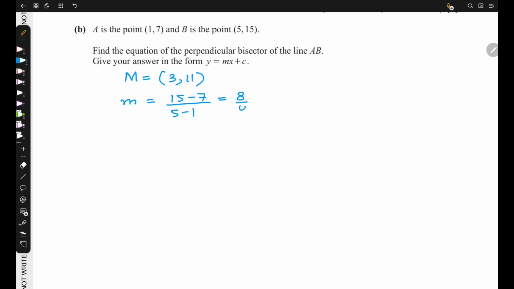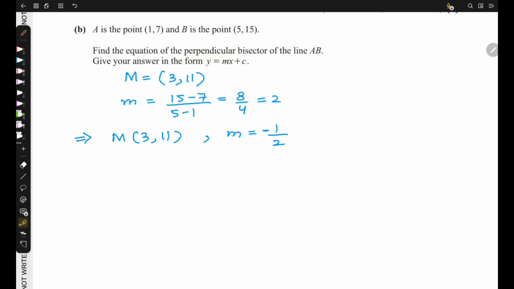So 8 over 4 equals 2. So this implies that we are going to use the midpoint (3, 11). We are going to use this point, and we are going to use the reciprocal of the gradient, and we have to change the sign, 1 over 2 and minus 1, because we want to find the equation of the perpendicular bisector.